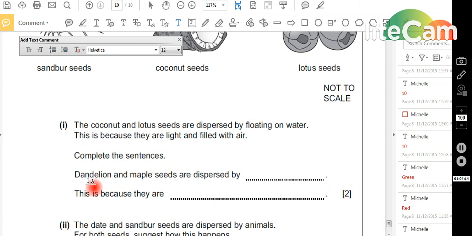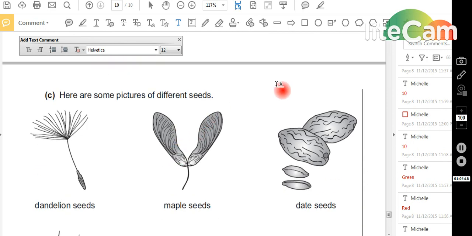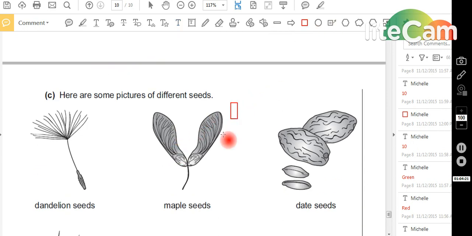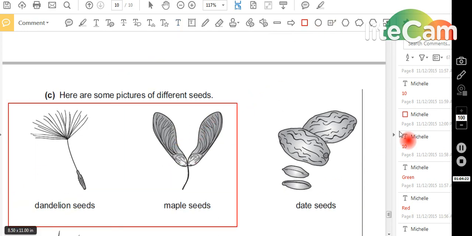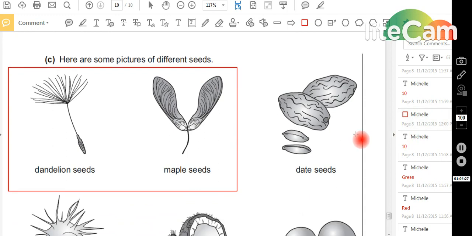Complete the sentences. Dandelion and maple seeds are dispersed by, so here's your dandelion and the maple. What would they be dispersed by? Wind. Well done. Why? They are wind pollinated plants. Okay, but why? If you look at them, what adaptation have they got so that the wind will be able to blow them about?